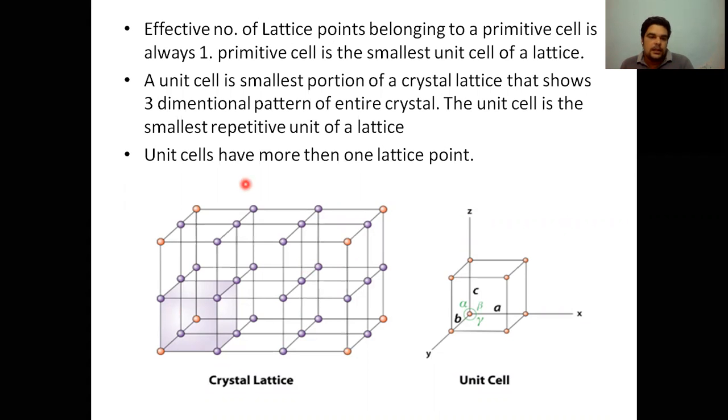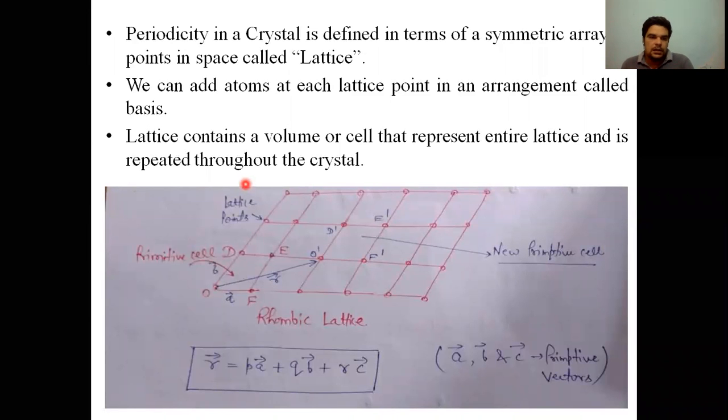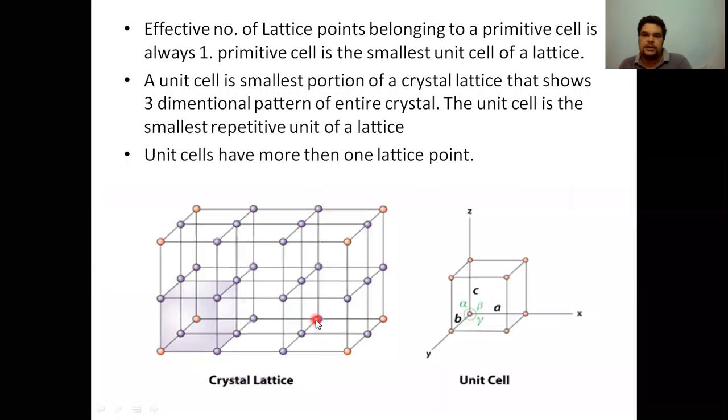The number of atoms belonging to a particular primitive cell is always 1. The effective number of lattice points belonging to a primitive cell is always 1.